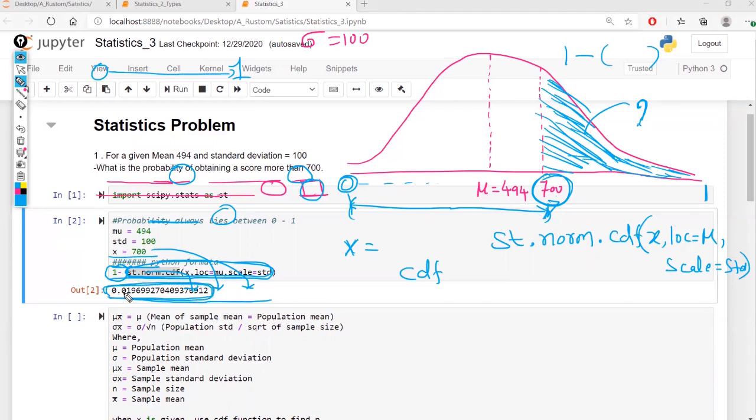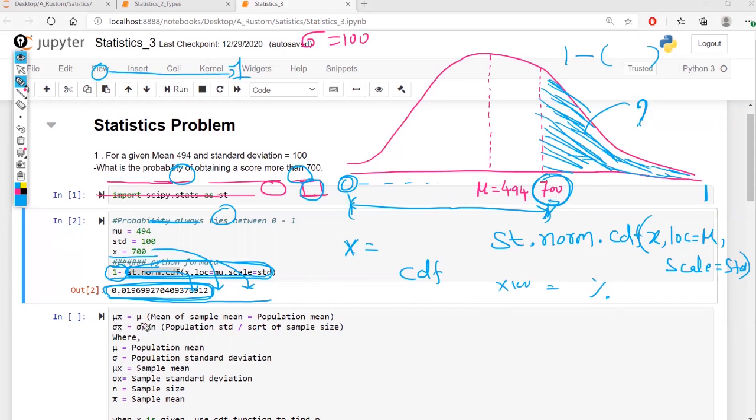That is 0.019. If you multiply by 100, you will get the percentage. That is how I will be able to use the CDF function to figure out the probability if x is given.